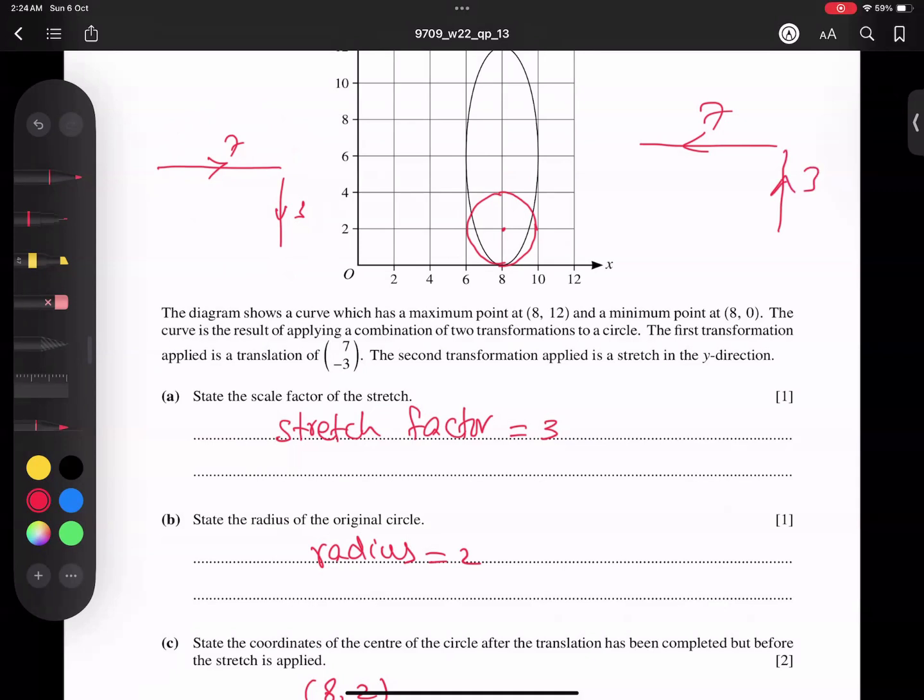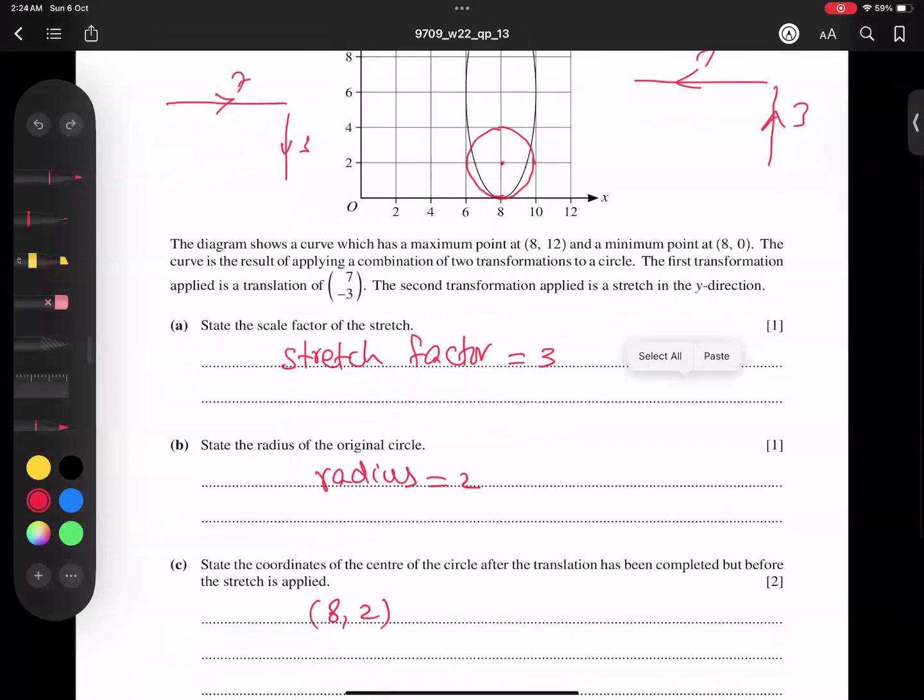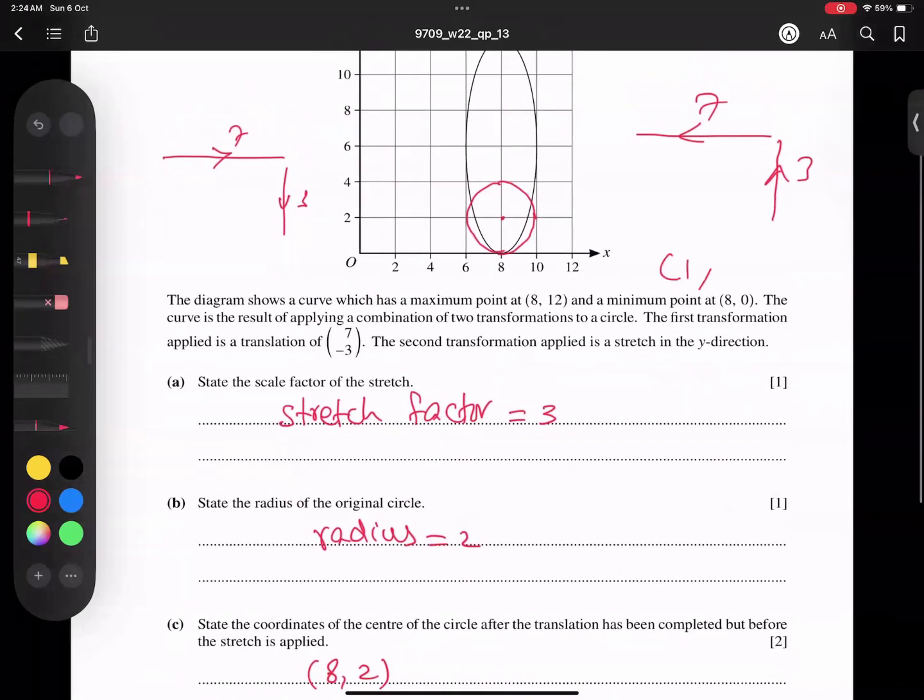So if I do this and go backwards by 7, out of 8, 7 gone, it becomes 1. Let me write it first here. And this will go 3 upwards, so it is 5. Let me check again: out of 7, yes, 1, 5.